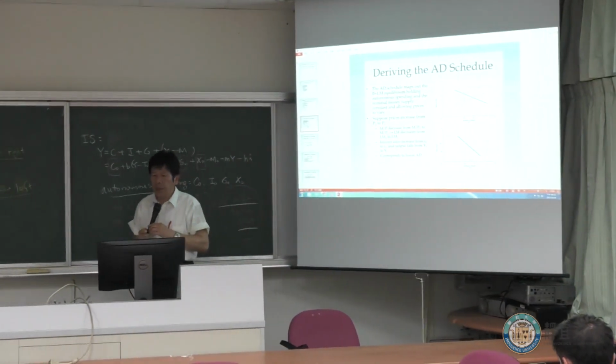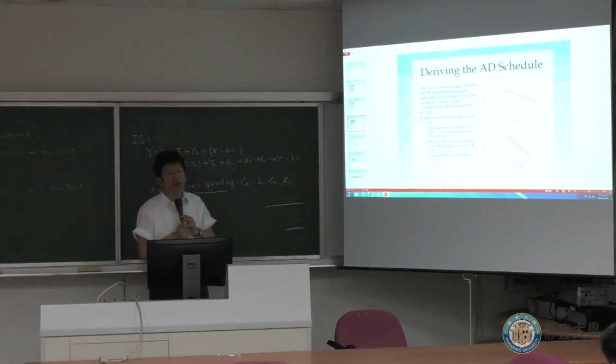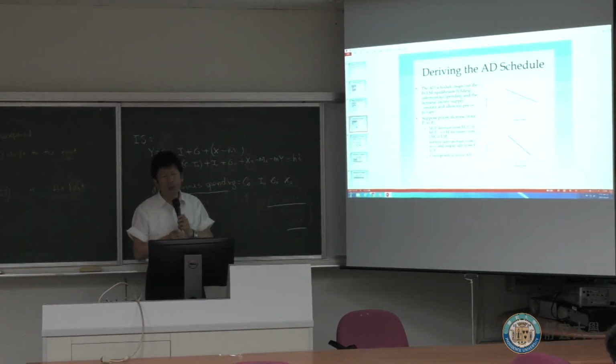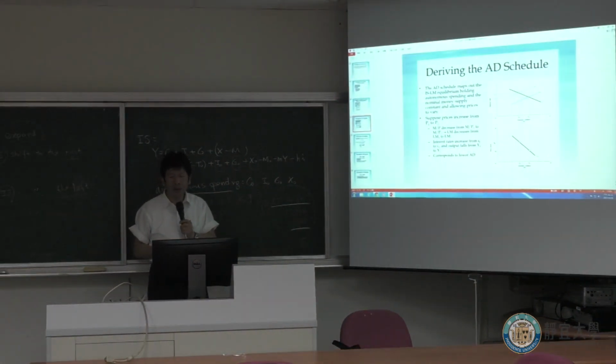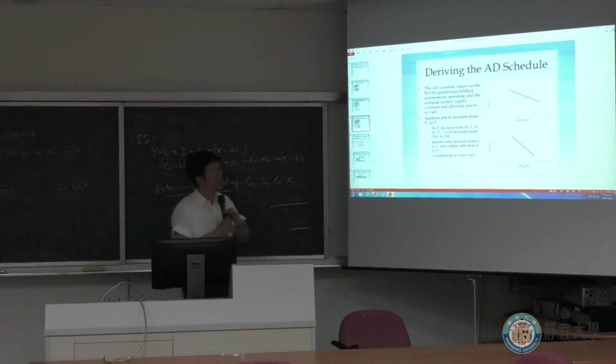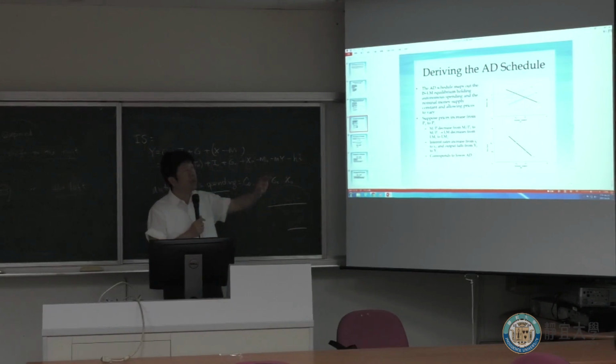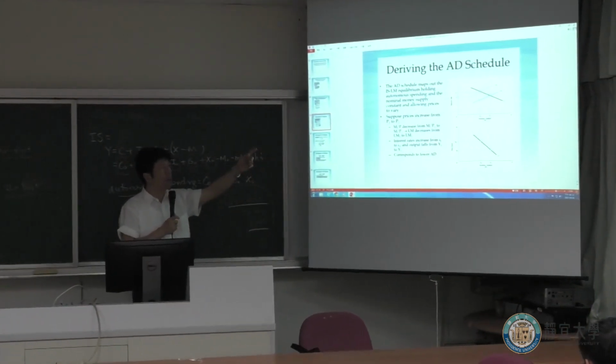After that, we can also find deriving the AD schedule. This figure represents the IS curve. There is no relationship with the price.